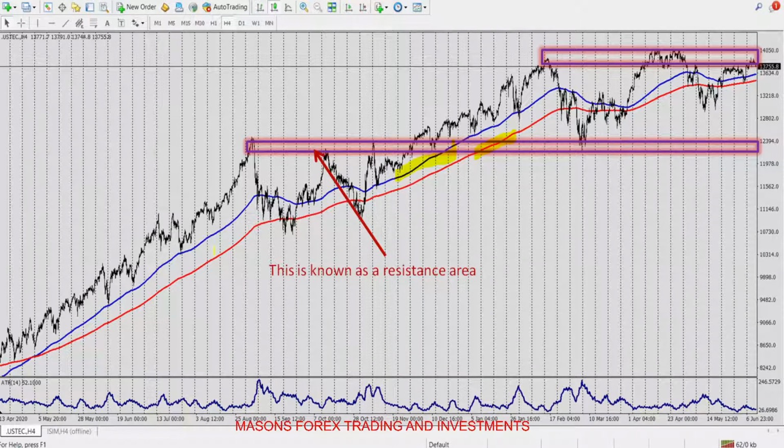Now we notice that price breaks through this resistance area. It pulls back, gets supported and moves in the upward direction. So this is how resistance becomes support.